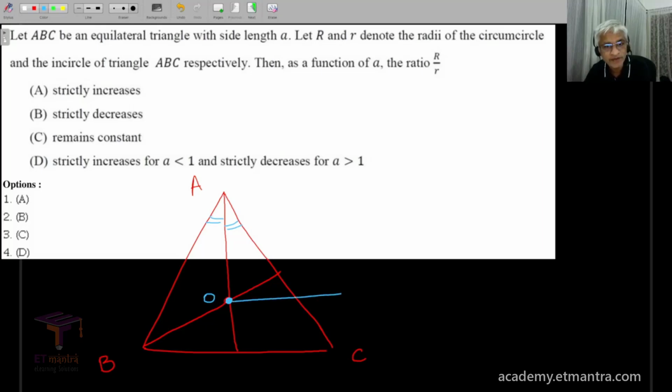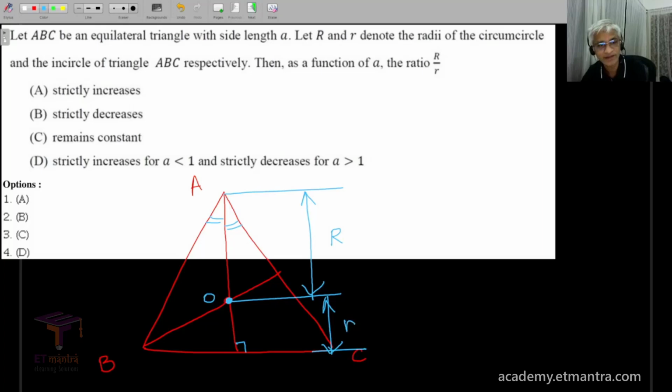Now, from this diagram, we can see that this is the circumradius, and then the perpendicular drawn from that point, this distance, is therefore going to be the inradius.